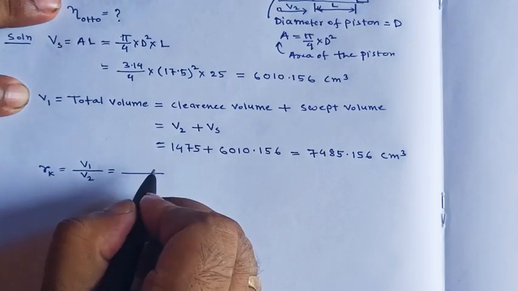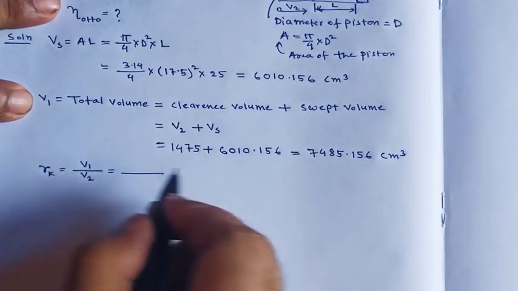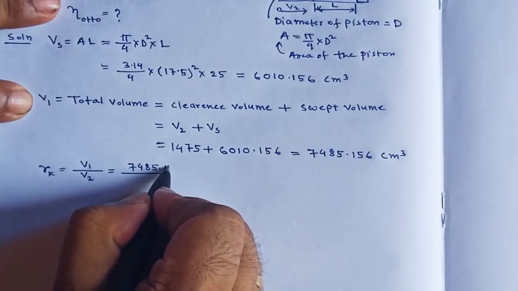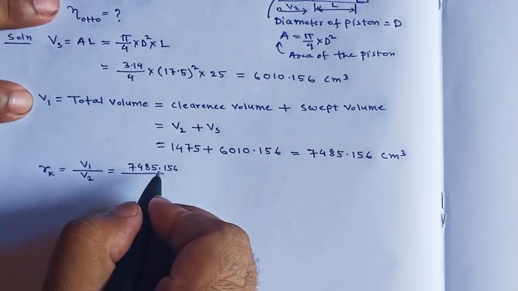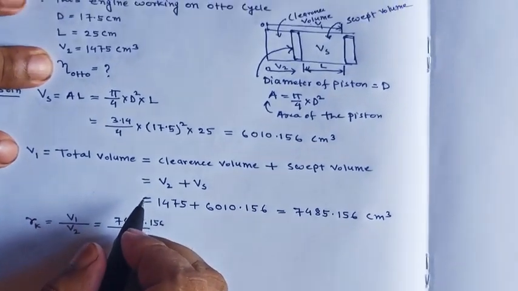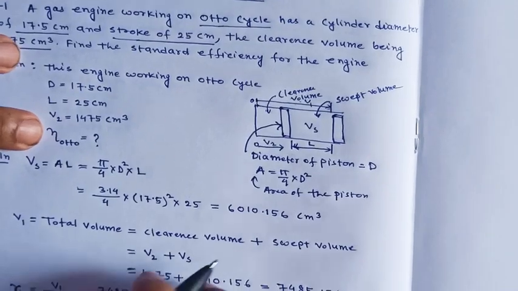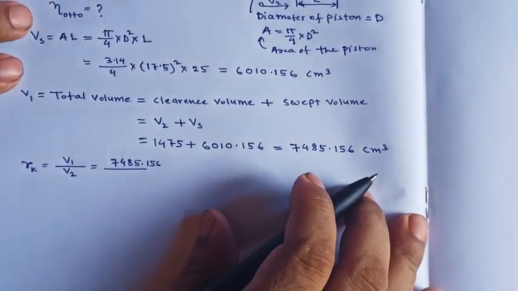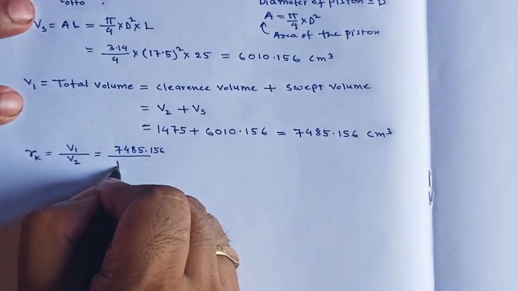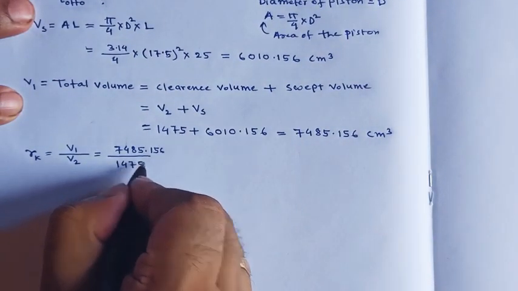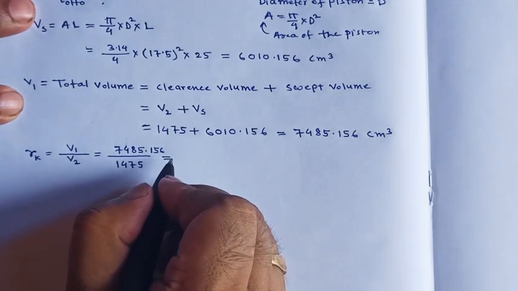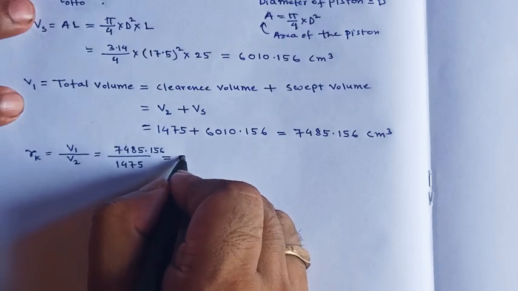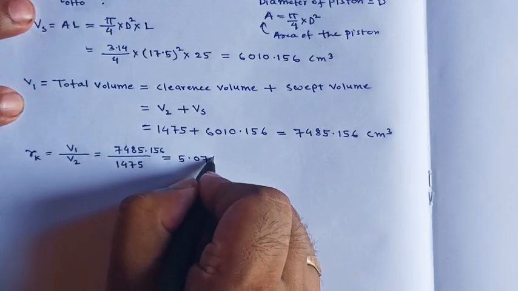So V1 is 7485.156 and V2 is 1475. This value will come 5.074.